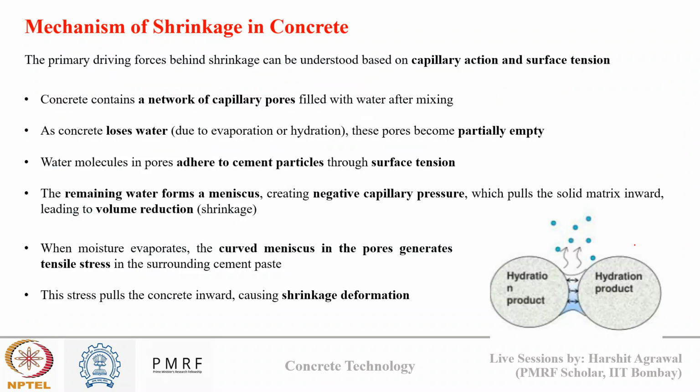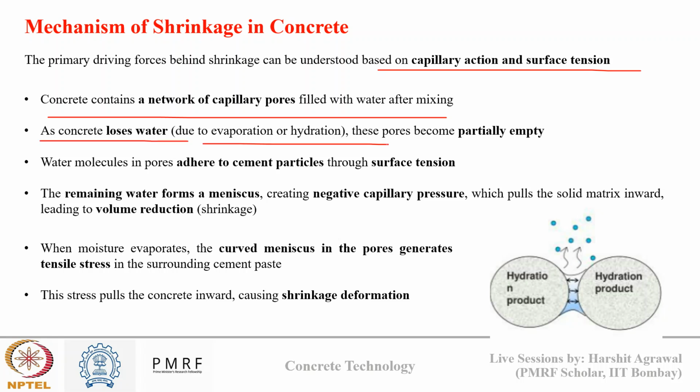Now, why does shrinkage occur? It is due to capillary action of water. In concrete there is a network of capillary pores. When concrete loses water due to evaporation, these pores become partially empty. Suppose these are two hydration products, and the pore between them is completely filled with water. Now this much amount of water has been lost due to evaporation.